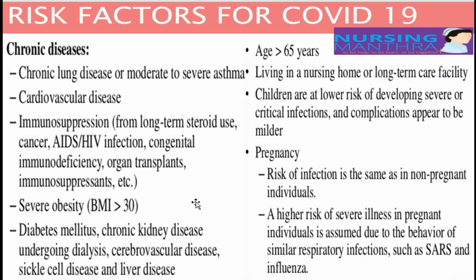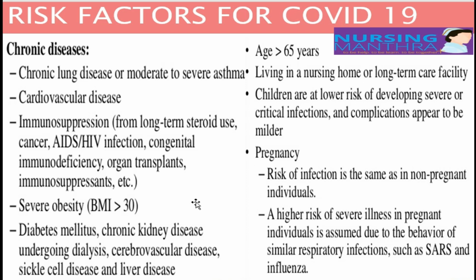Also severe obesity, BMI more than 30, diabetes mellitus, chronic kidney disease, patients undergoing dialysis, cerebrovascular disease, sickle cell disease and liver disease, age more than 65 years, and living in a nursing home or long-term care facility.